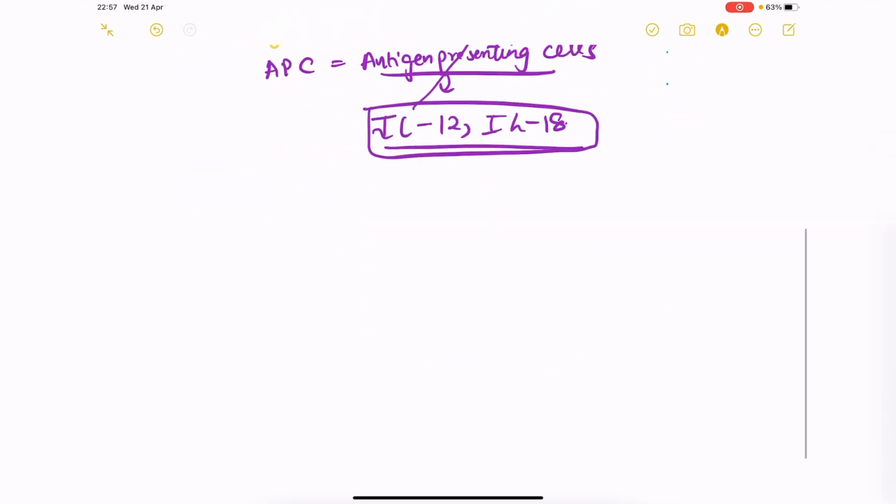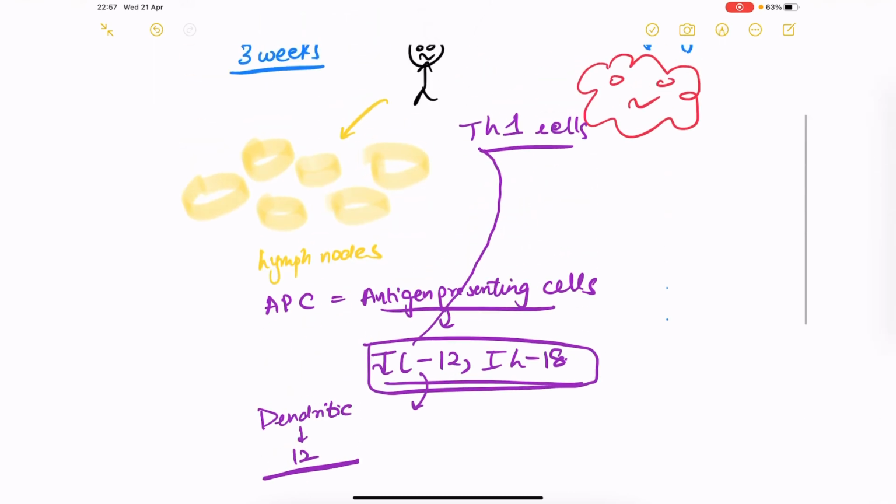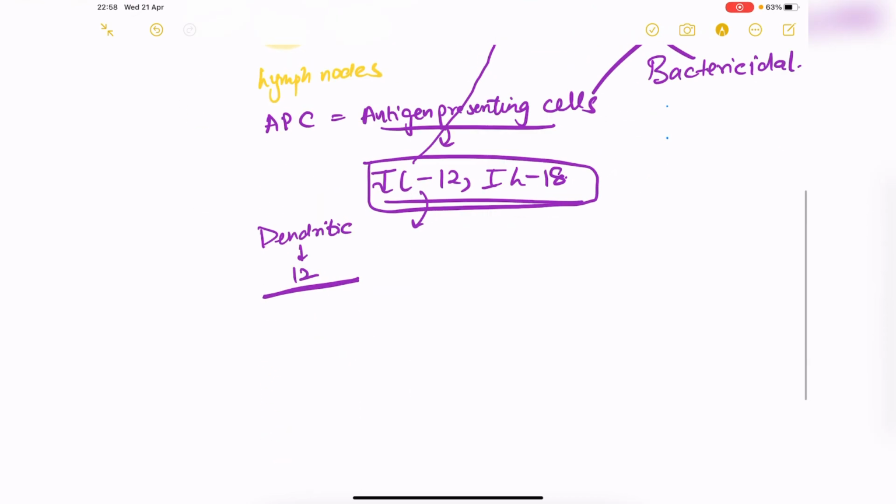Now if you remember, I was telling you something about IL-12, that the dendritic cells produce IL-12. Now this, after the differentiation, they activate the macrophages and then they become bactericidal. And that completes our fourth step.